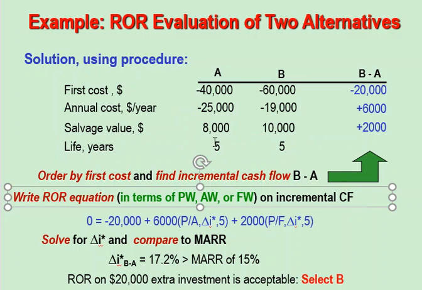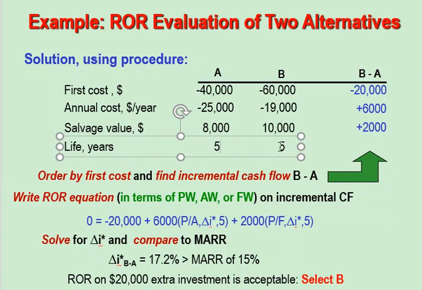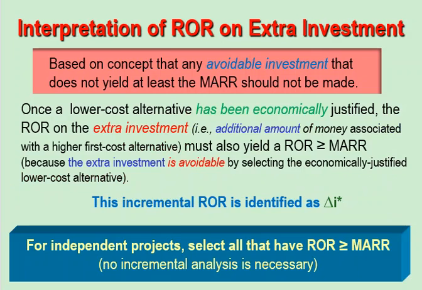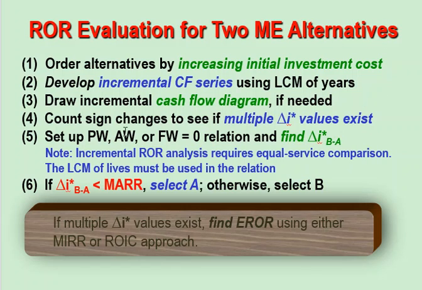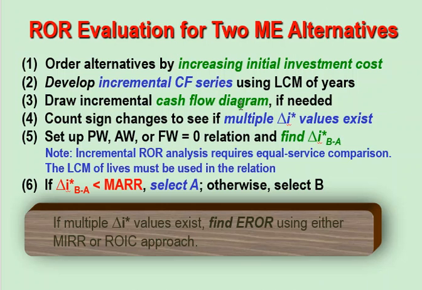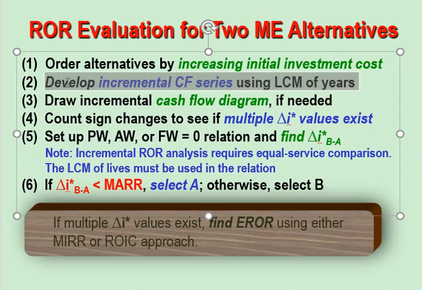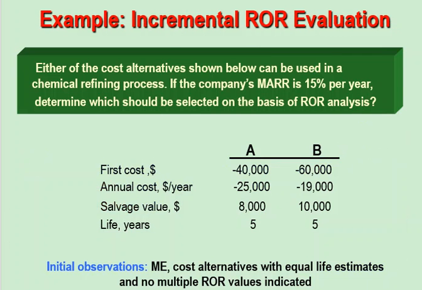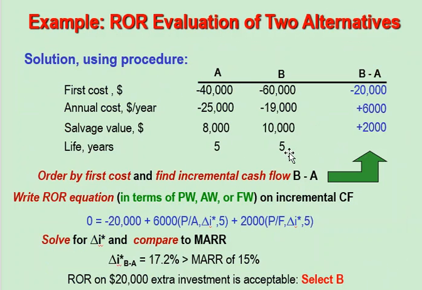If it were 5 and 10, let's say, I have to use LCM. We discussed LCM before. But here we were lucky: 5 and 5, we don't need LCM.